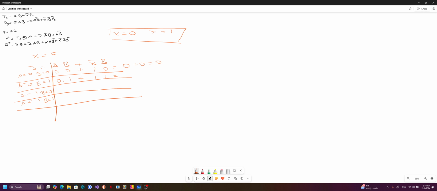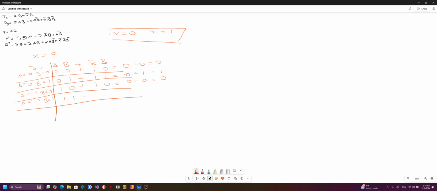We have 0 and 1, which is 0, and 1 and 1, which is 1, and 0 or 1 equals 1. Then A is 1, B is 0: 1 and 0 equals 0, 1 and 0 equals 0, and 0 or 0 equals 0.